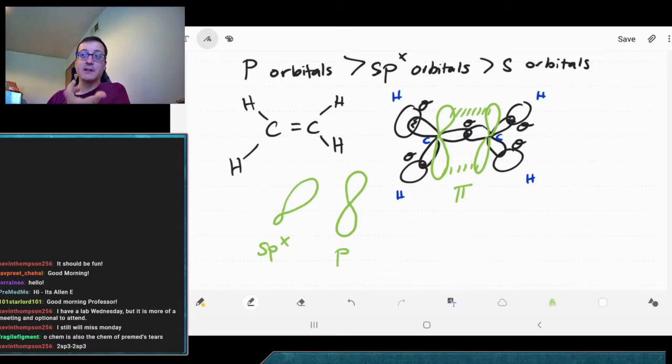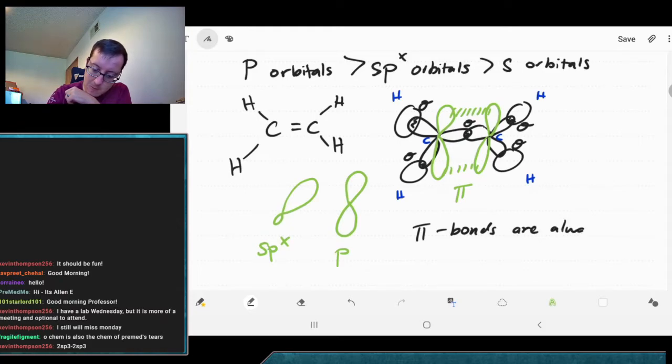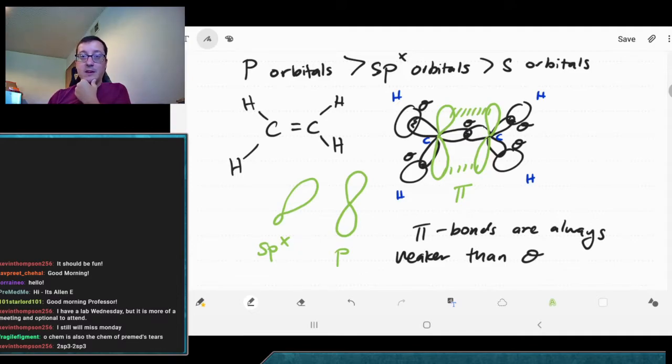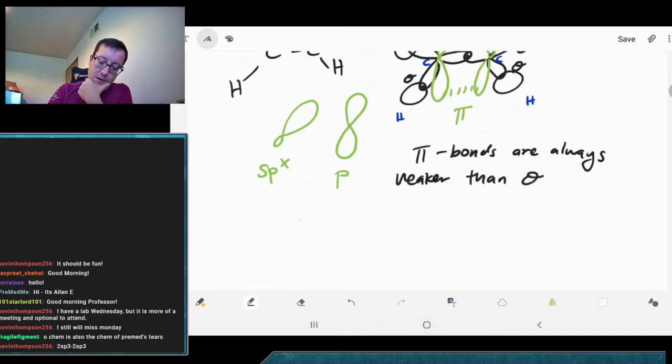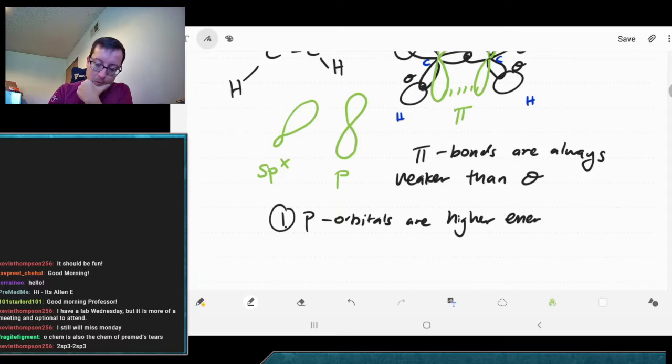Couple things to remember, because there's less overlap in a pi bond than in a sigma bond, pi bonds are always going to be weaker than an equivalent sigma bond. Reason for that? First off, p orbitals are higher energy than spx, whatever those happen to be.